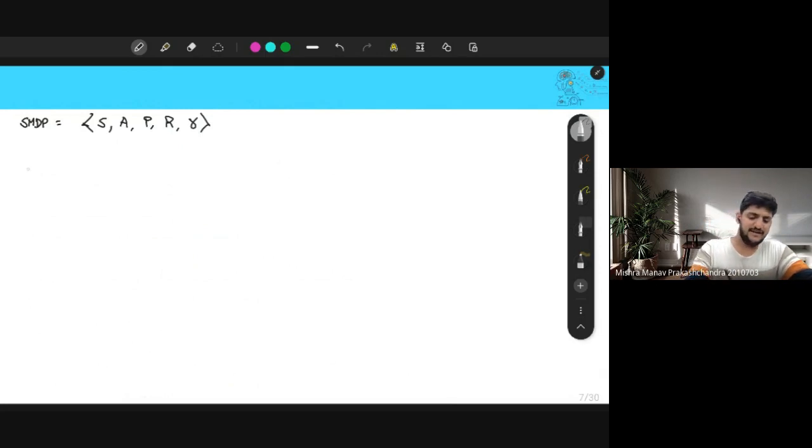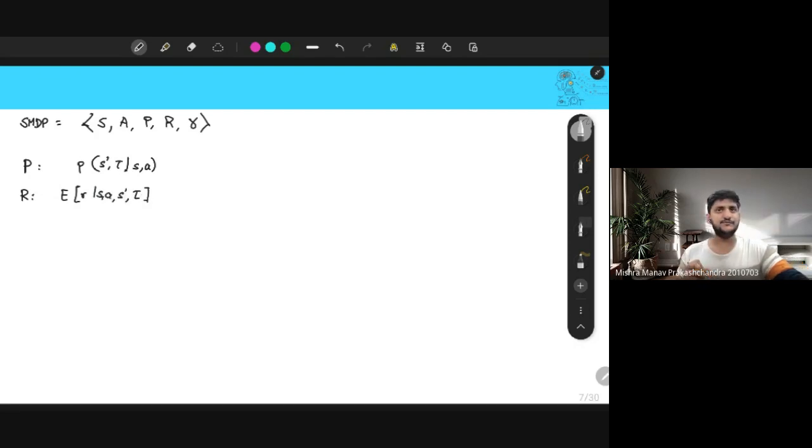But the way my transition probability changes is my P here is now a joint distribution between S prime and tau. Okay, so this is the definition for the transition probability, and similarly, the reward is now the expected reward I get when I take these inputs into account. Okay, so this is the difference between MDP and SMDP. The definition of the transition probability and the reward changes in this case.